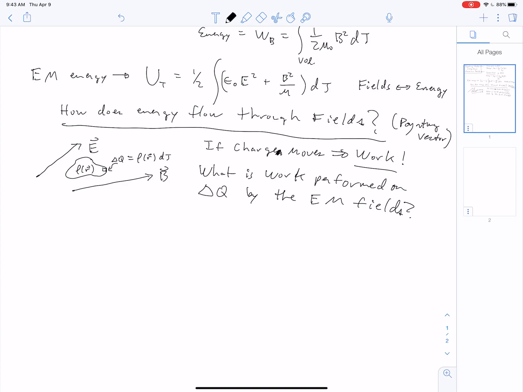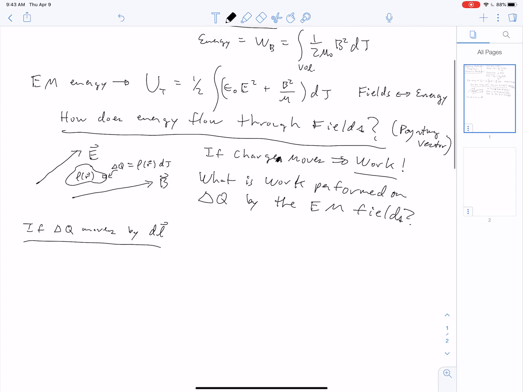We know that if I have a chunk of delta Q, and delta Q moves a little distance in the fields, moves by some tiny distance, dl, then I know that the work done on that delta Q is this.